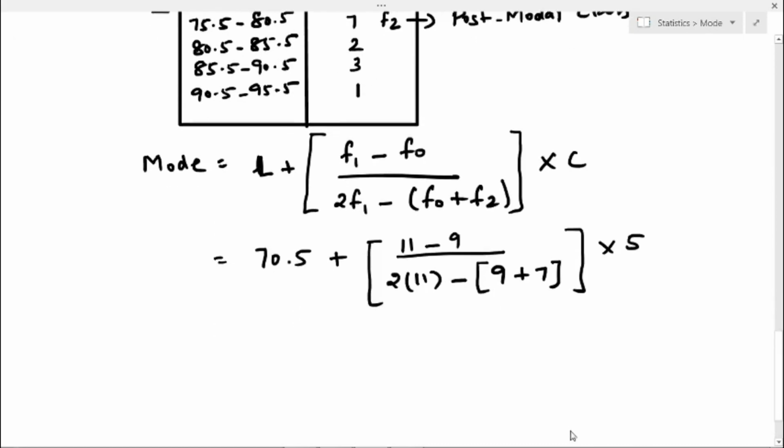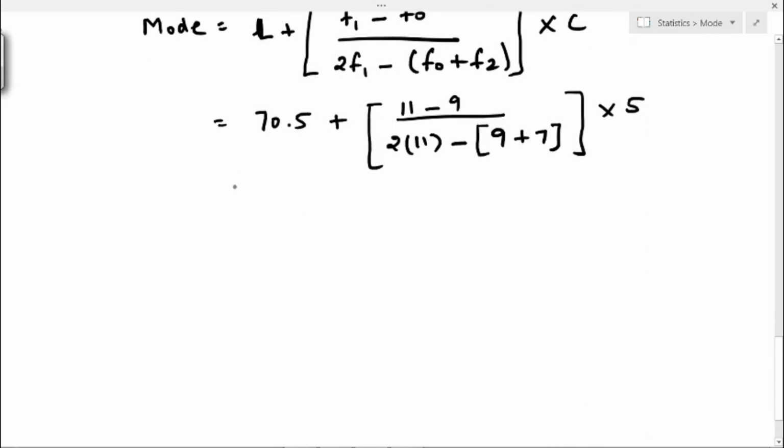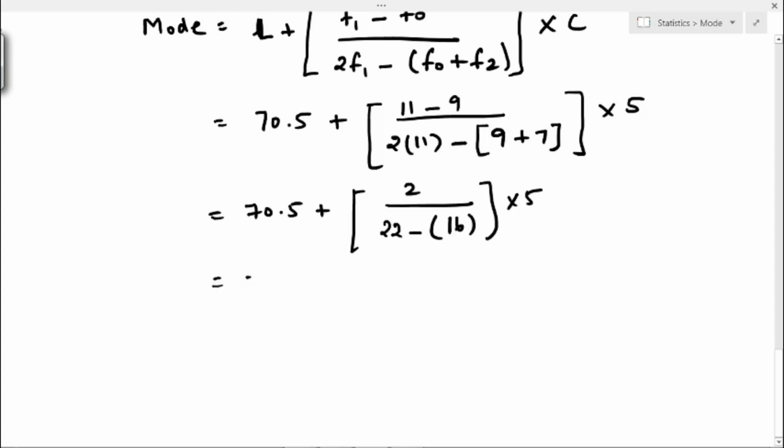We get 70.5 plus 11 minus 9, that is 2, divided by 2 into 11, that is 22, minus the bracket, add these two values, 9 plus 7, that is 16, into 5. So 70.5 plus 2 divided by 22 minus 16, that is 6, into 5.